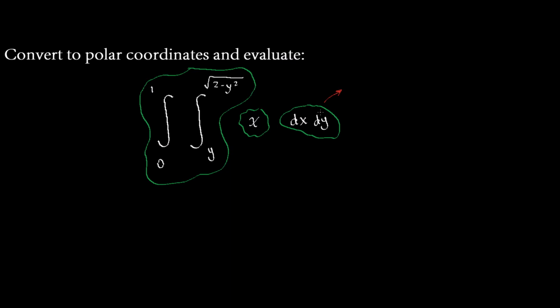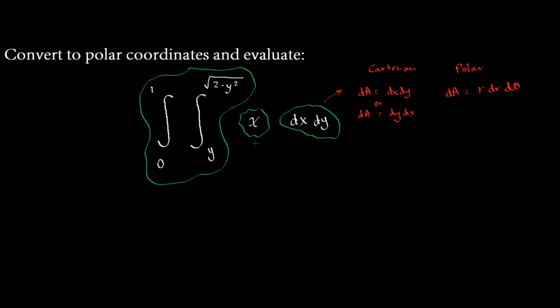How do you convert this from Cartesian to polar? We know that in Cartesian, dA could be equal to dx dy, or dA could be equal to dy dx. In polar, the differential area is equal to r dr d theta.